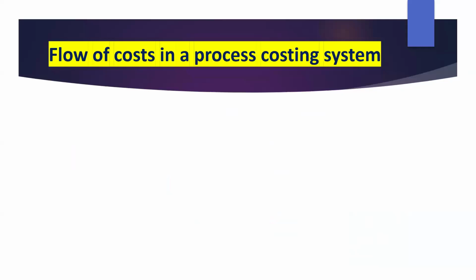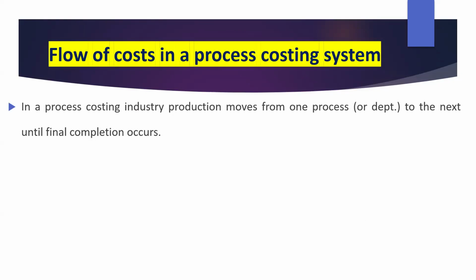Now let's see the flow of cost in a process costing system. In process costing industries, production moves from one process to the next until final completion occurs.